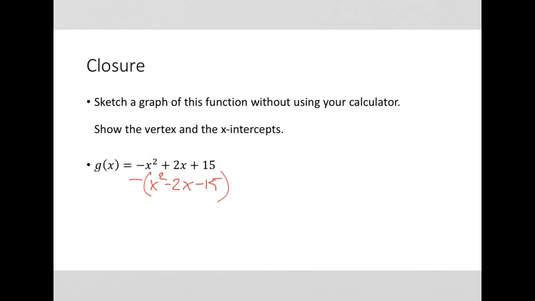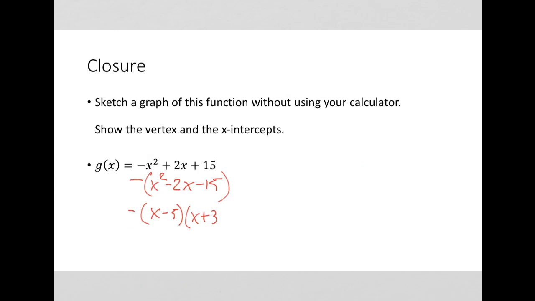It's going to be a negative 5 and a positive 3, because negative 5 plus 3 is negative 2. So that factors as negative x minus 5 times x plus 3. So that tells me that my x-intercepts are going to happen when x is 5 and negative 3. And I can complete the square.